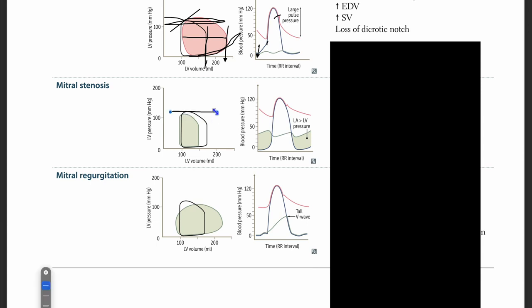There's no afterload increase. LV pressure is a little less. The compliance is similar, but what has decreased is the stroke volume. Right, that's this to this. So stroke volume decreased, and diastolic volume has decreased.